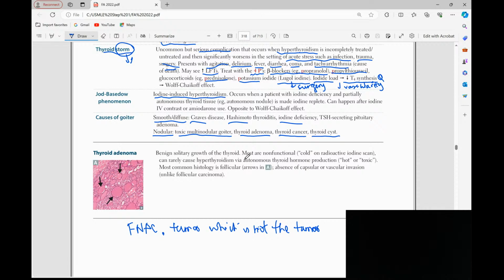Let's go with the benign condition, adenoma. It is a benign solitary growth, only single, nonfunctional. Whether it is cold or hot is based on uptake of iodide.